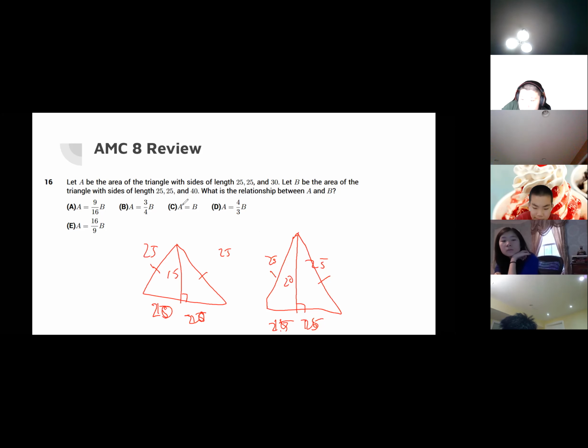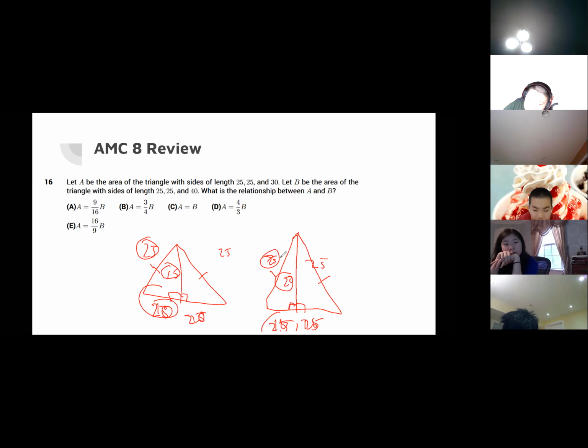The best way you can do this is by just taking a look at these triangles. This one has 25, 15, and 20. This one also has 25, 15, and 20. We'll just take this as a fact right now, but you'll learn about this later.